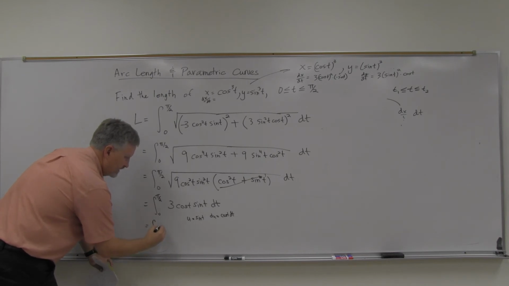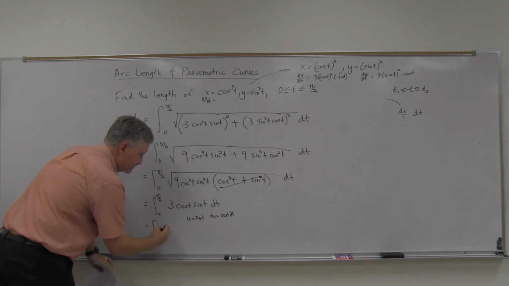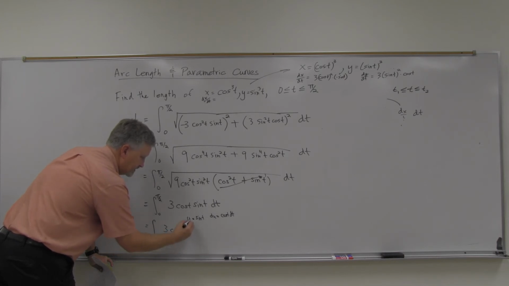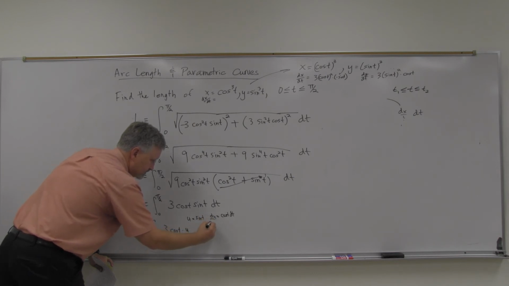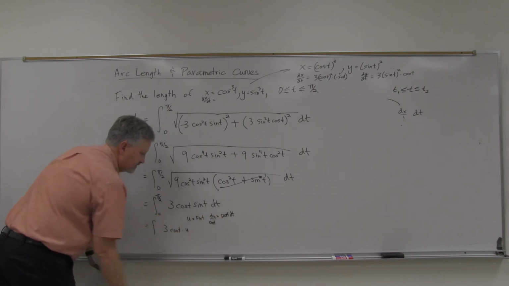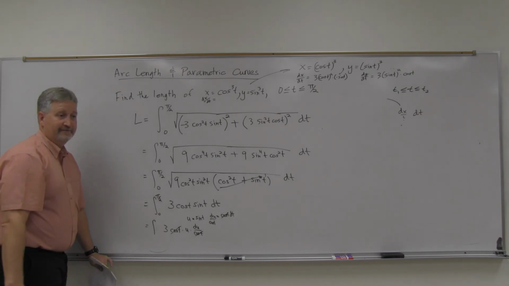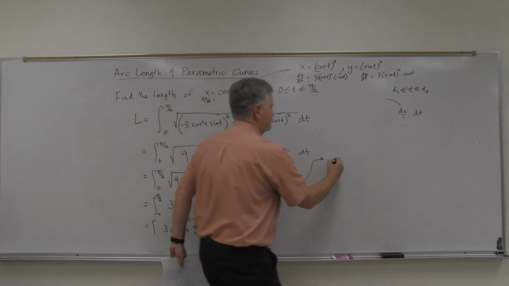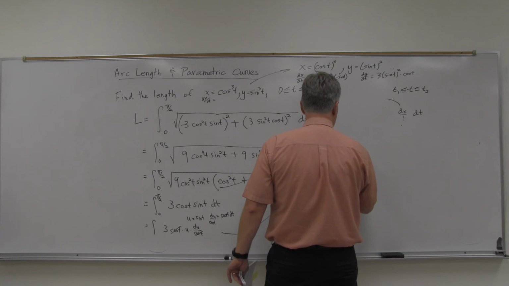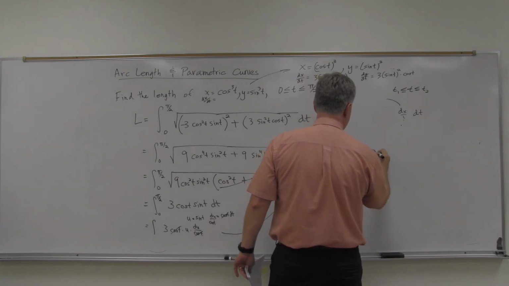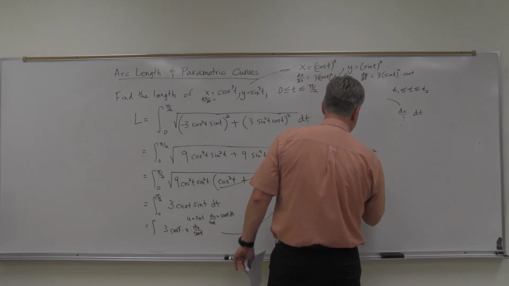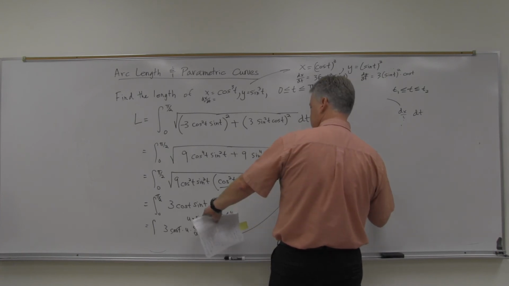So I did that, that's u, and so du is cosine t dt. It's just 3u du. So you've got 3 times one half u squared, so it's 3 halves, and the u is sine t.